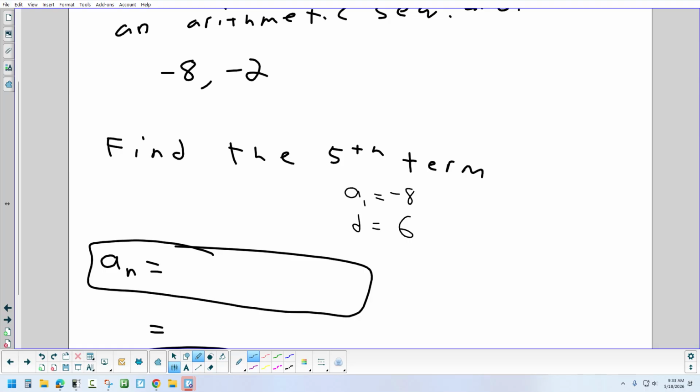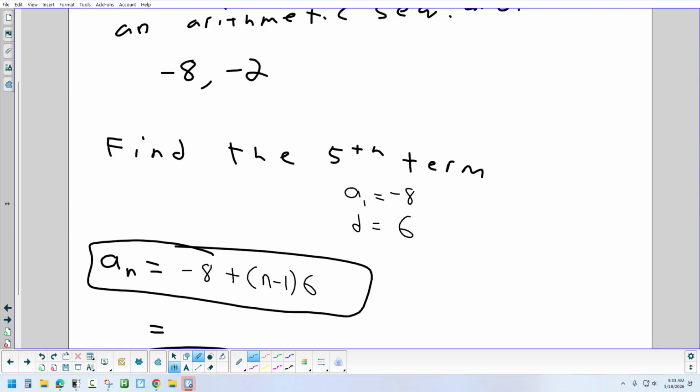Negative 8 plus n minus 1 times 6. Now, the way I'm teaching you to do the formula, I'm teaching you to do it with the first term. You can do it with other terms if you don't know the first one.